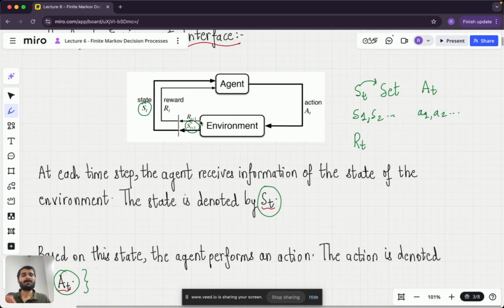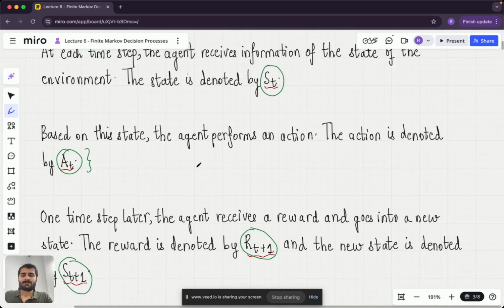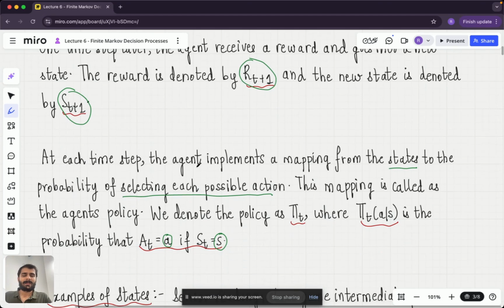And then, along with this state, the agent also receives a reward. So the state and the new reward go hand in hand. The new reward is denoted by R of t plus 1. This is the structure under which we are going to work in the remainder of this lecture. So let us go ahead.